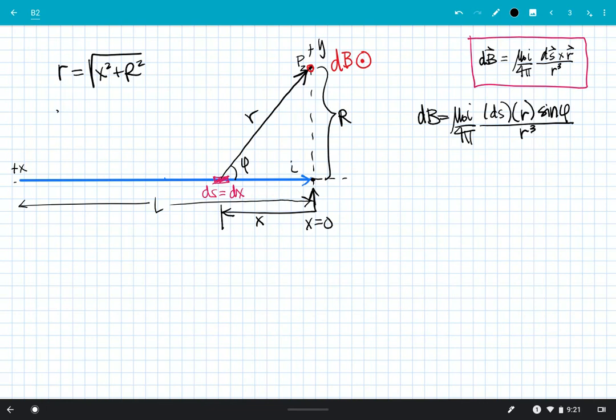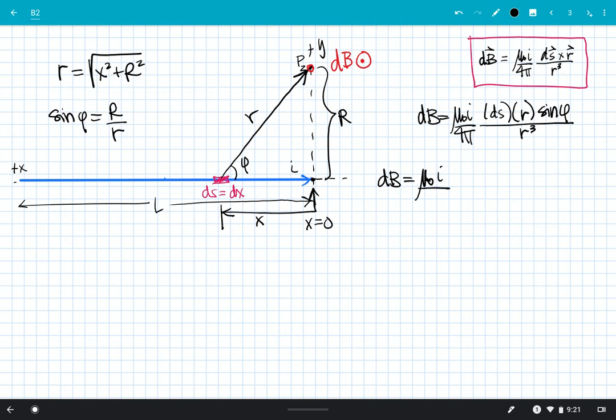Another thing that I can express then is my sine phi. Go ahead and have a look at that in your right triangle. That sine phi is just going to be big R over little r. So what that means is that my dB simplifies kind of nicely.